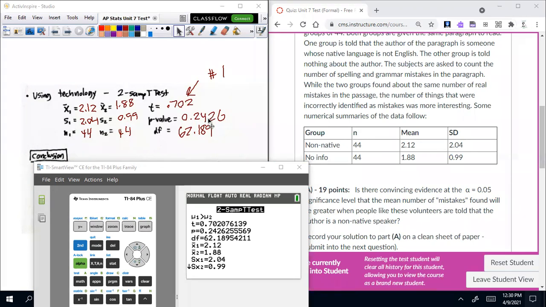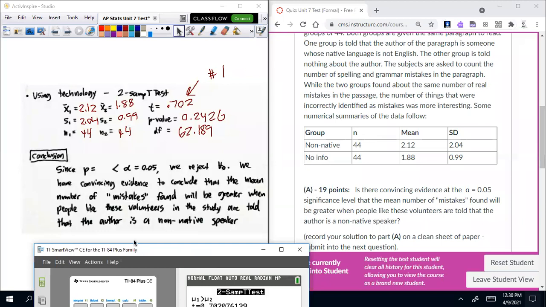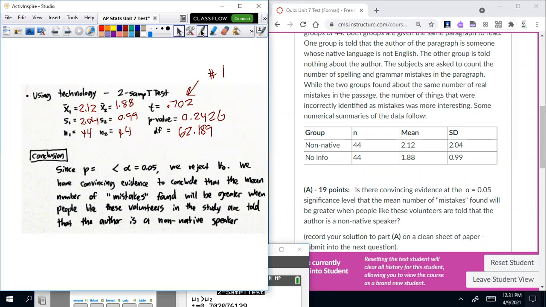What we want to do is interpret it. Based off of my numbers, my conclusion is going to be a little different than this, right? My p-value is quite large, so in my case here, I would annotate down there.